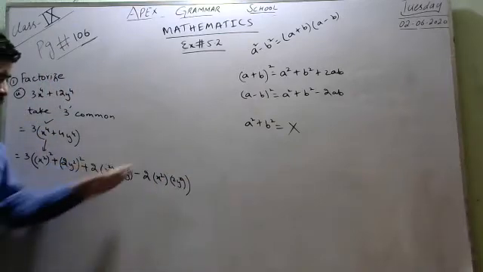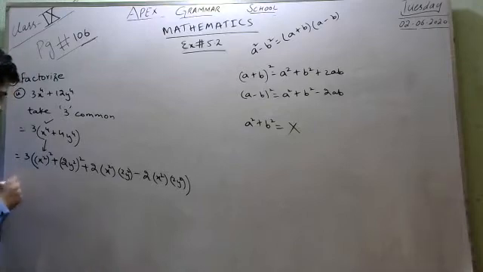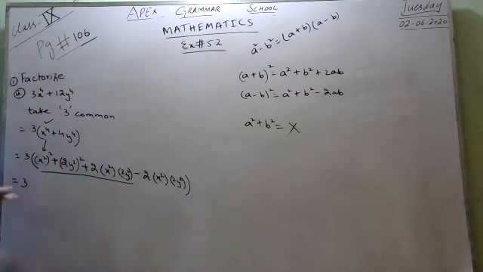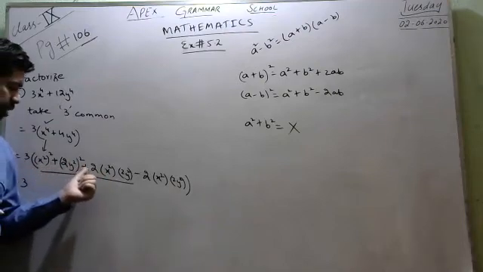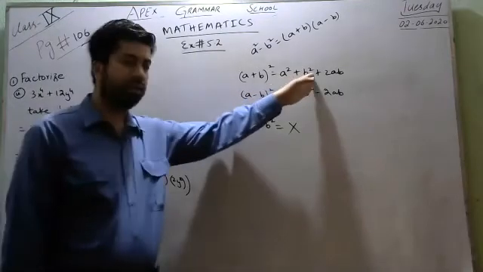I can cancel both things because they cancel, but I have to make the formula. You can see that. I'm going to underline this. This is a² plus b² plus 2ab. This is basically this formula.